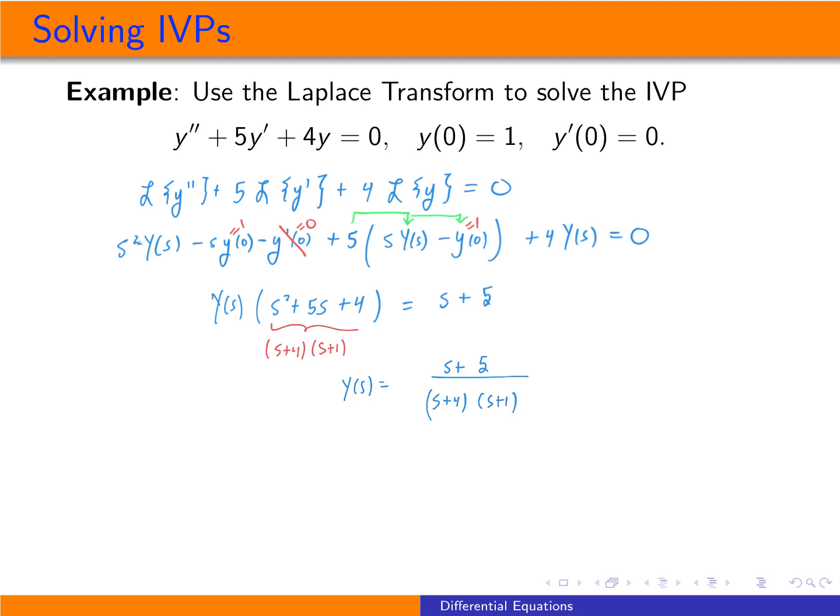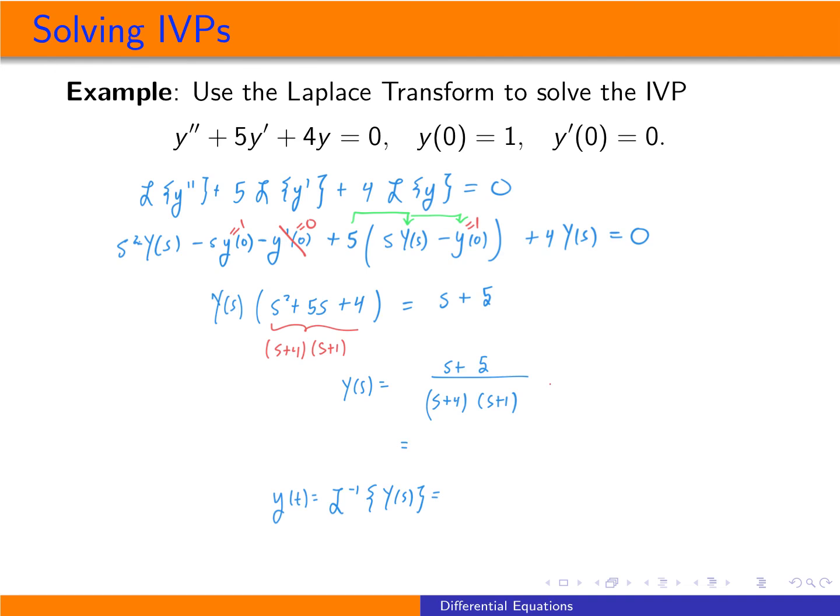And what we are looking for is the solution of the initial value problem. And remember, the solution, little y of t, will be the inverse Laplace transform of big Y of s. And in order to find the inverse Laplace transform, as we've seen with many examples, requires a partial fraction decomposition.